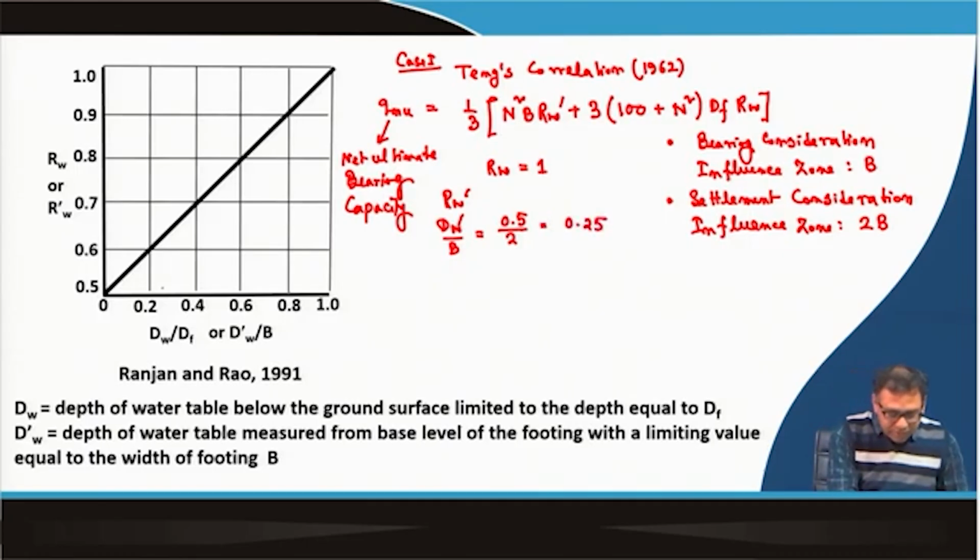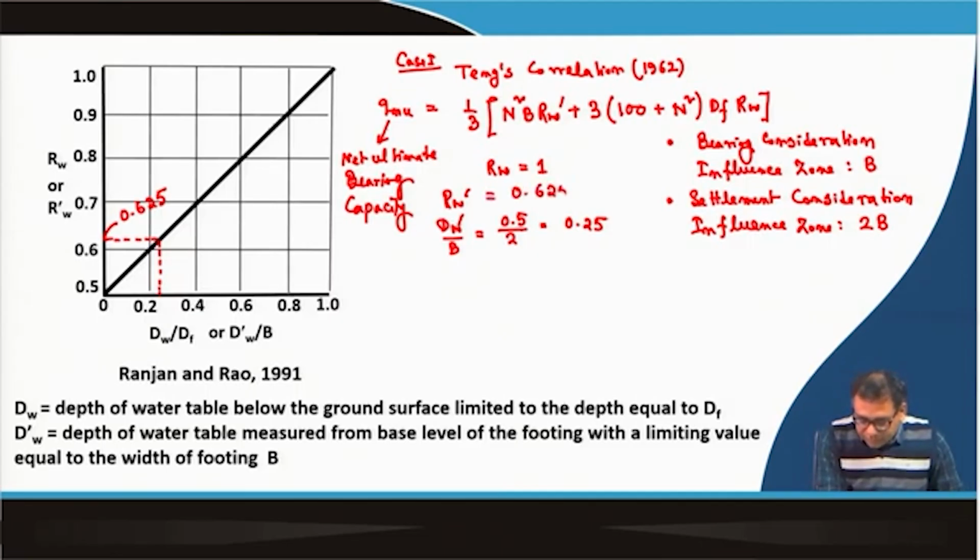So, if it is 0.25 around here, corresponding to 0.25, the RW dash is 0.625. Okay. So, RW dash is 0.625. So, now we can calculate net ultimate bearing capacity.